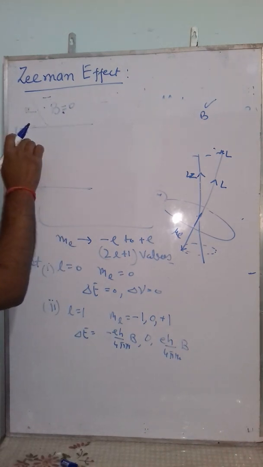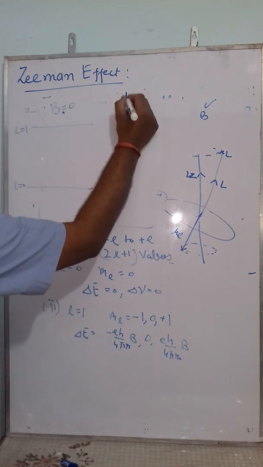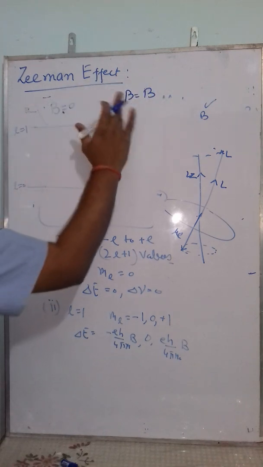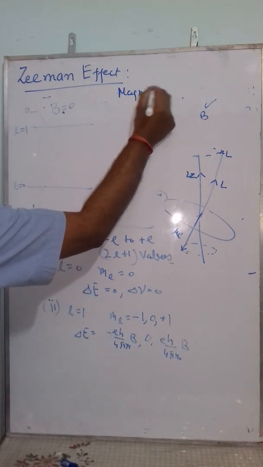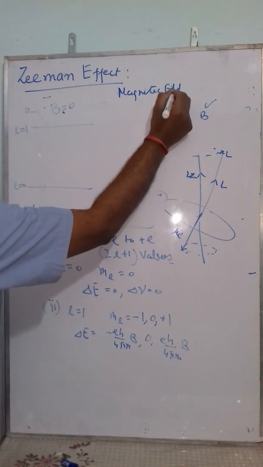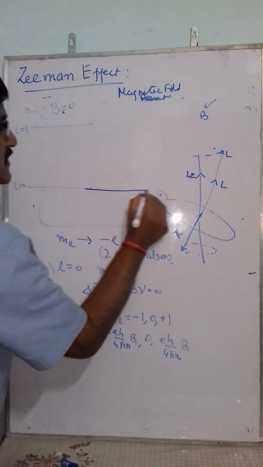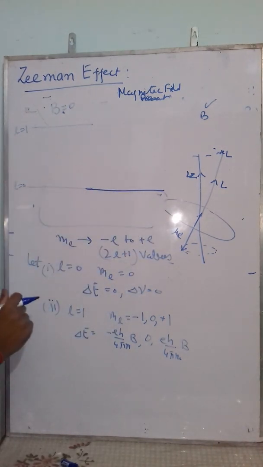Now if we take the value of B, in presence of a magnetic field, then what will happen? At L equal to 0, delta E is equal to 0, so there will be no effect.